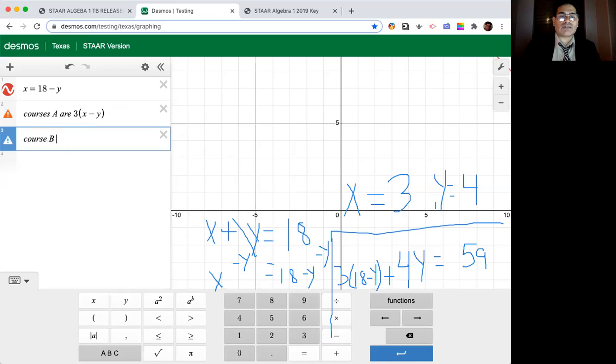Courses B, which are the 4 credit courses, are 4 credits multiplied by my value for 4 credit courses, y, I think. And then we add both of them. We are adding our 3 times 18 minus y.